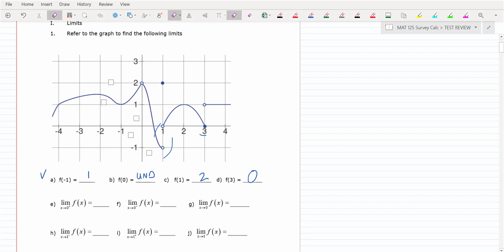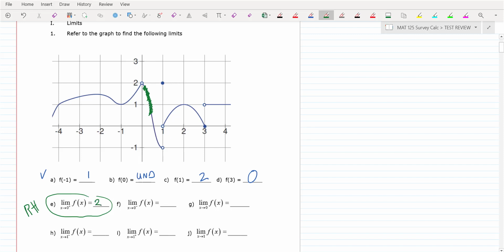Now let's look at these limits and study this because you need to do well on this kind of thing. This is a right-hand limit. If you're going to the right of 0, get a little bit to the right of 0 and close in from the right-hand side. What is the y value getting close to? 2. It doesn't matter if there's a bubble there.